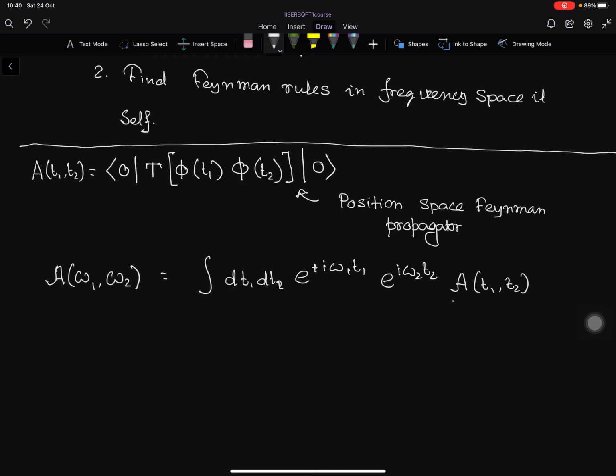Now we know, so you can do this computation. The result is simply the expression for the position space propagator that we already know. But now the only difference is that here there are two time arguments. If you do this computation, you know that the Feynman propagator only depends on the difference of time.